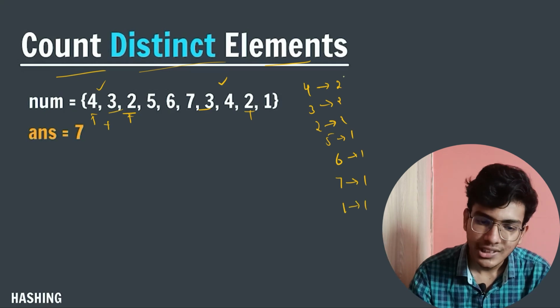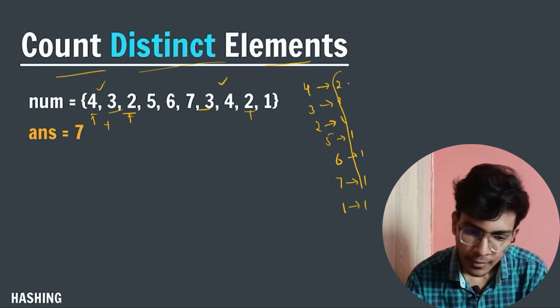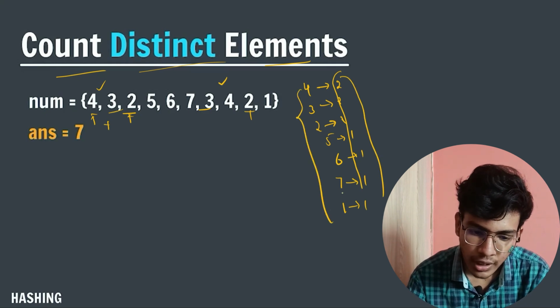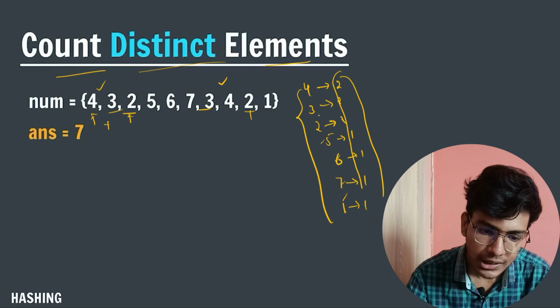Now we don't consider this repeating, we only consider how many unique elements are there. How many unique elements are there? 1, 2, 3, 4, 5, 6, 7.